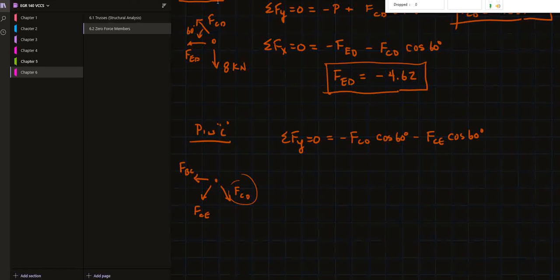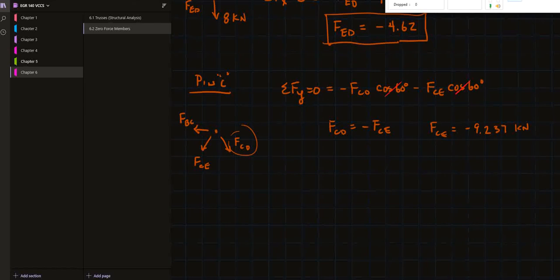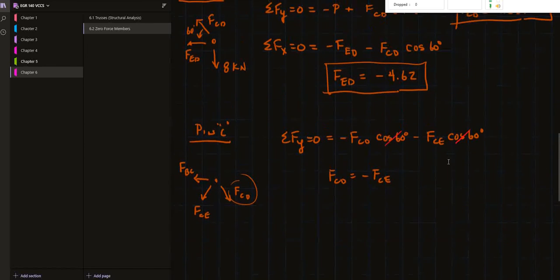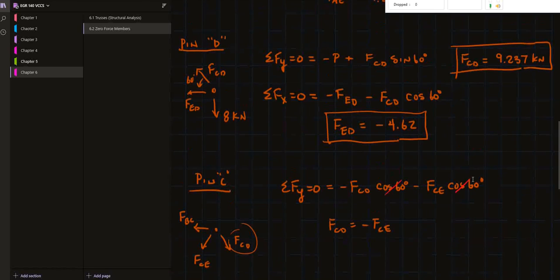So we can cancel these, and I end up with F_CD equals minus F_CE. Let me do that again. So I canceled those, so I know that F_CD equals minus F_CE, and that means that force in CE equals the negative of that, which is minus 9.237 kilonewtons.